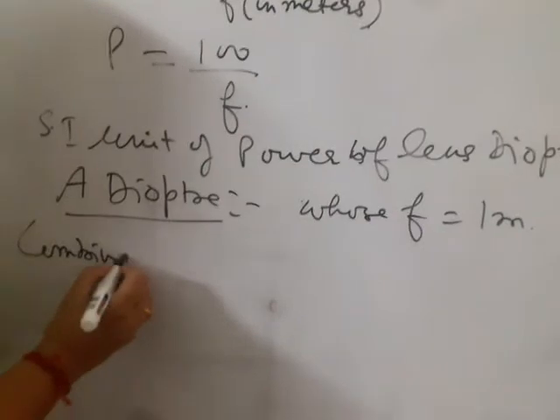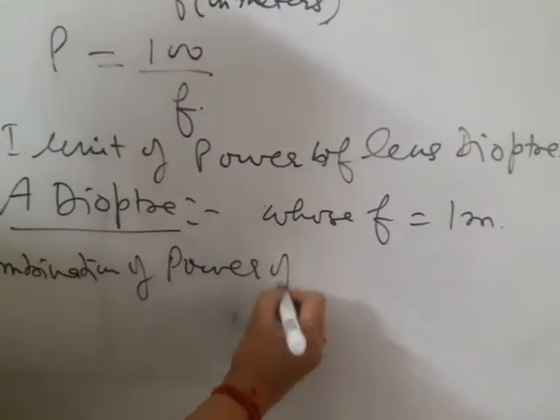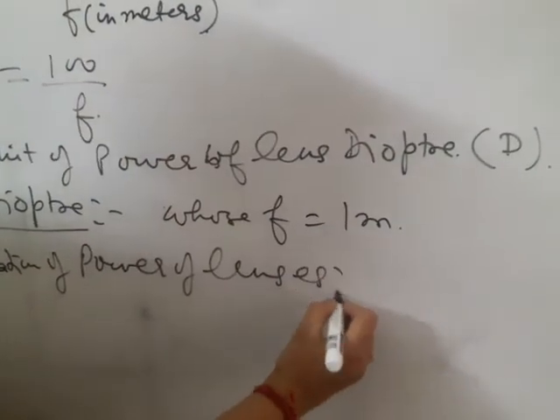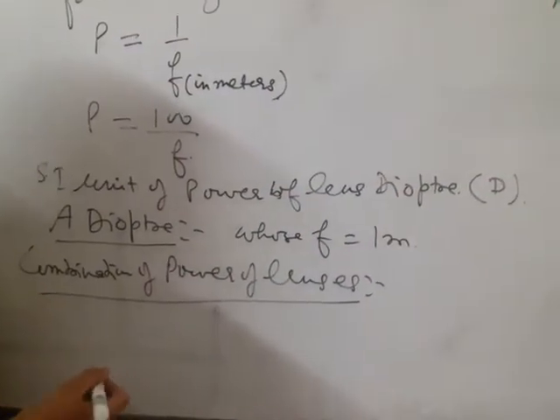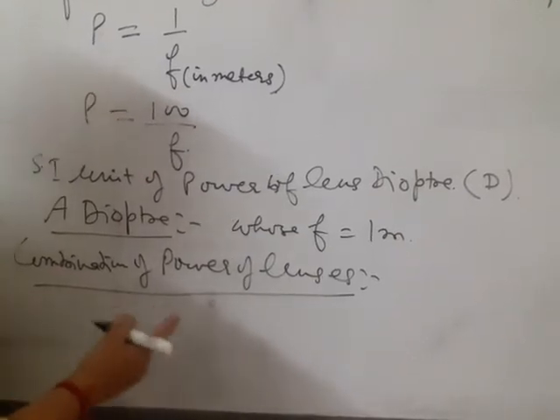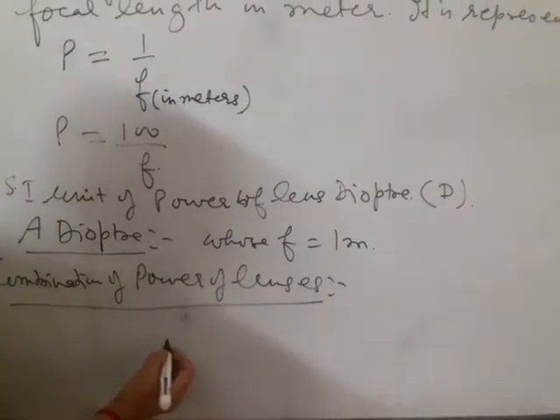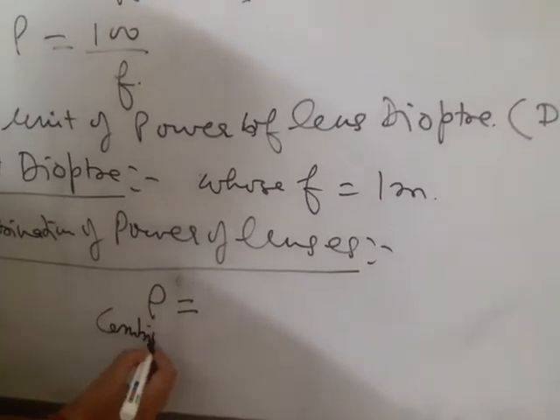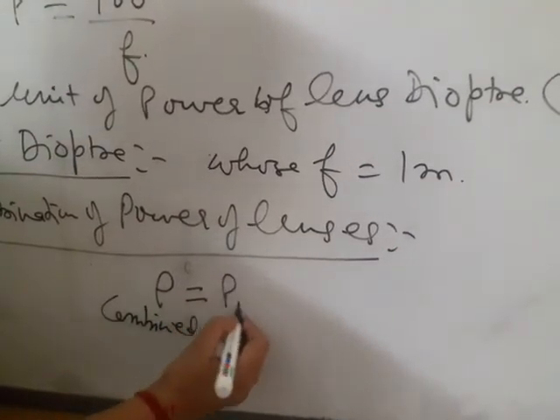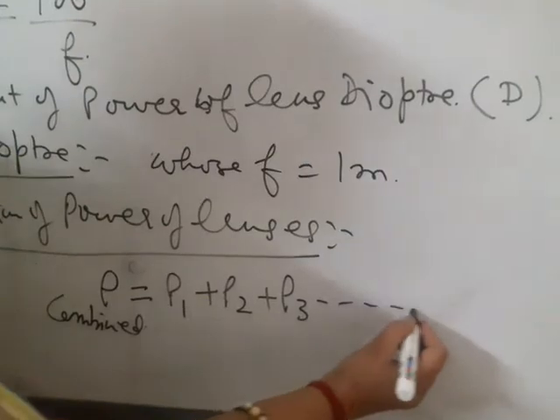Then we have combination of power of lenses. When two or more lenses of different types are combined, then combined power is equal to algebraic sum of individual powers of the lenses.